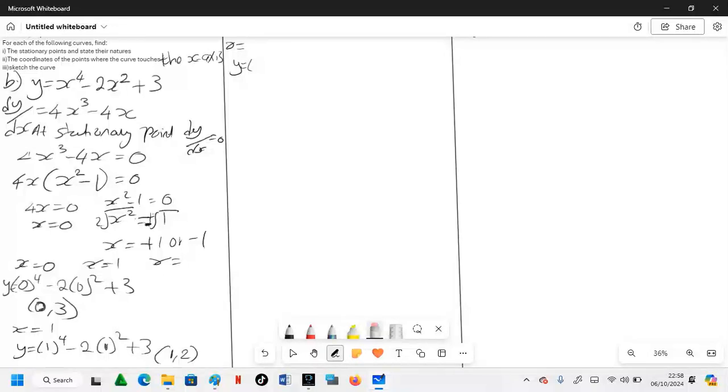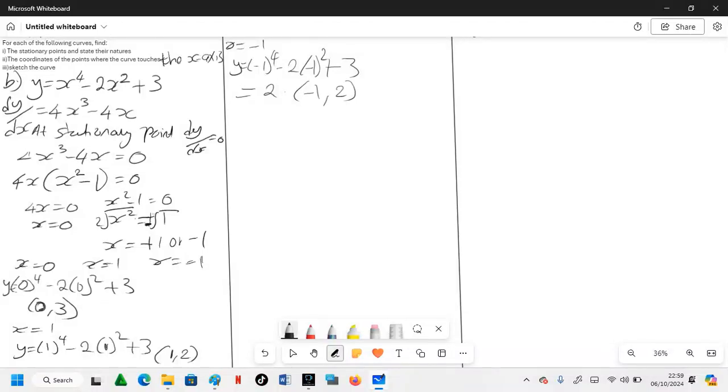That was the third value for x, right? So y will be negative 1 to the fourth minus 2, negative 1 to the second plus 3. And that one is also giving us 2. So the other stationary point is negative 1, 2.